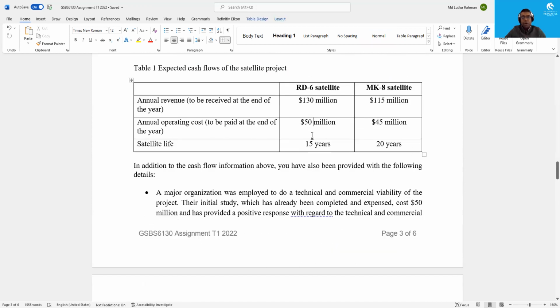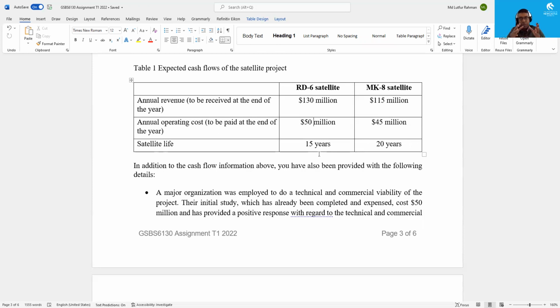Then annual revenue and operating costs should start from year one and continue till the end of the project. And it is said that the revenue will grow at a rate of 2% and the operating costs will grow at a rate of 1%. Again, most of you did this correctly, but some of you made a mistake that this growth of 2% and 1%, you started it from year one.